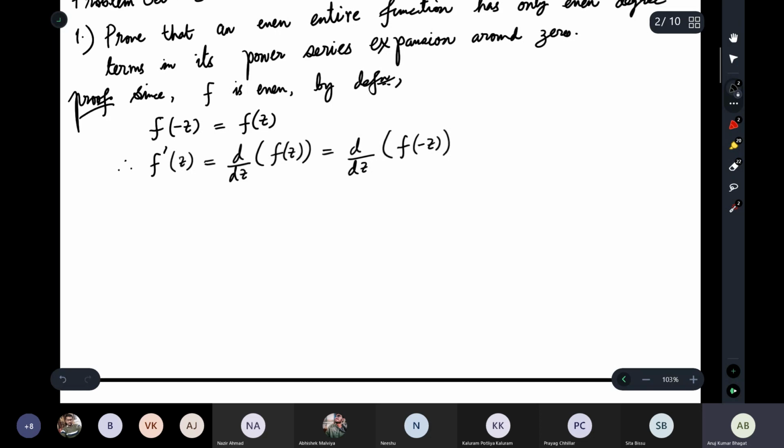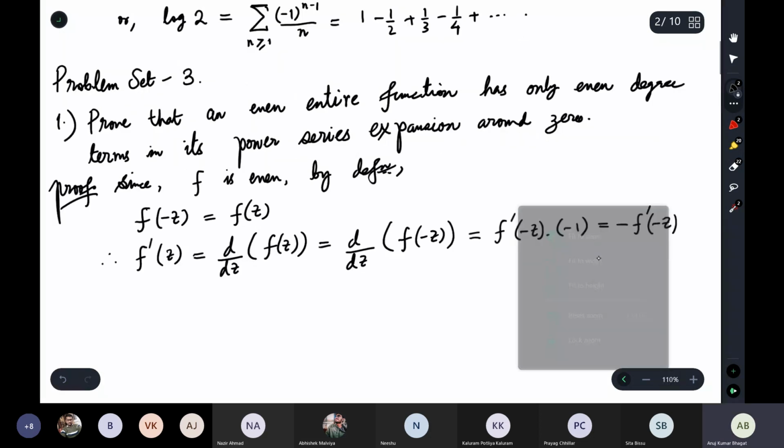Okay. So I am calculating the first derivative of the function. What is the derivative of this quantity? It is f prime at minus z, and the further derivative of minus z is minus 1. So this is nothing but minus f prime. Do you agree? Yes, sir.